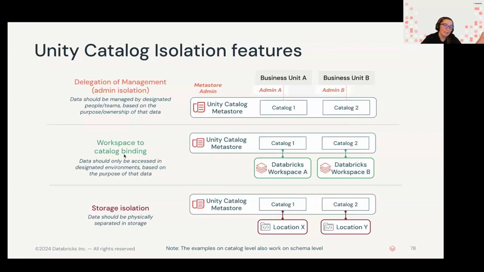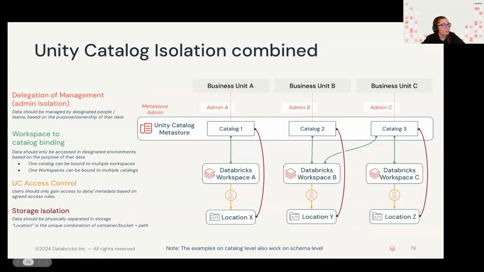We can also bind catalogs to particular workspaces, so you're not able to access them from any other workspaces. And then those catalogs can be backed by different storage locations, so you also get that physical isolation of the data storage itself across your cloud storage. And you can use any different combinations of this to support your end users.